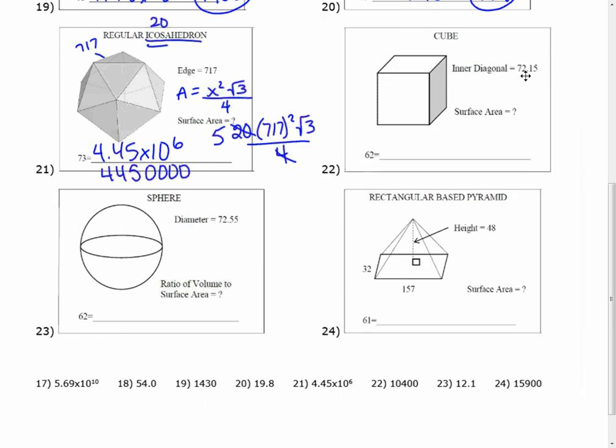For our cube, we have the inner diagonal. We want the surface area. So inner diagonal is the side times the square root of 3. So we'll divide it by the square root of 3. That's the side. We know that in order to find the area, we need the area of that side. So that face, side squared. And then we'll multiply that times the 6 squares that make up the faces of our cube.